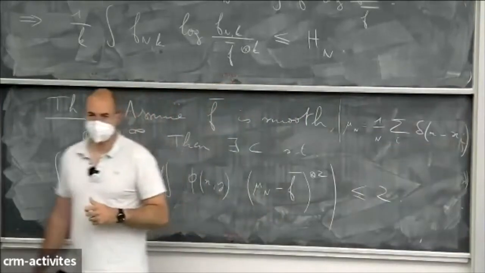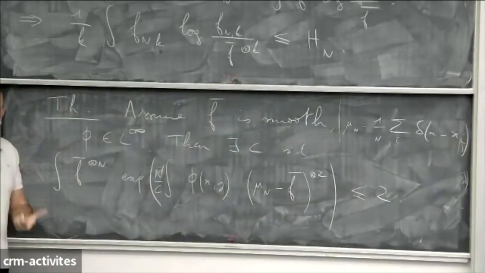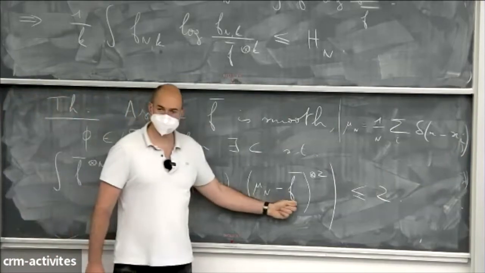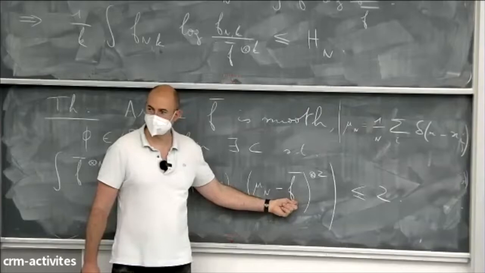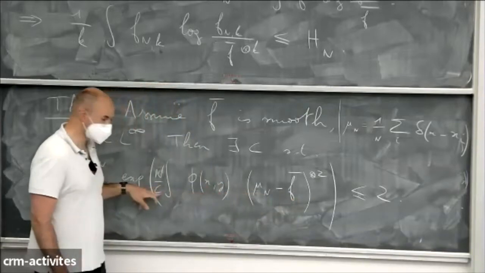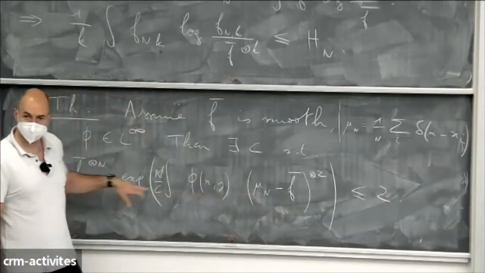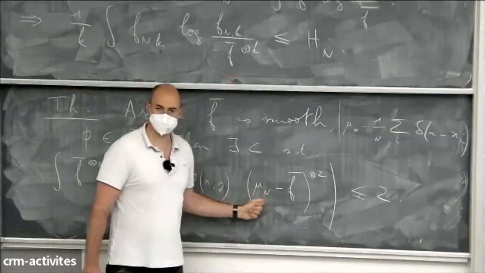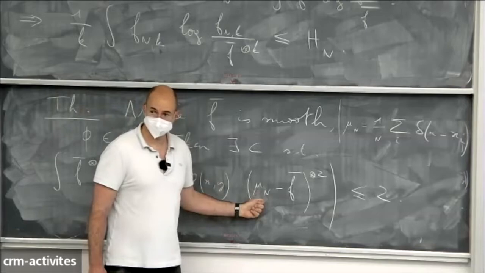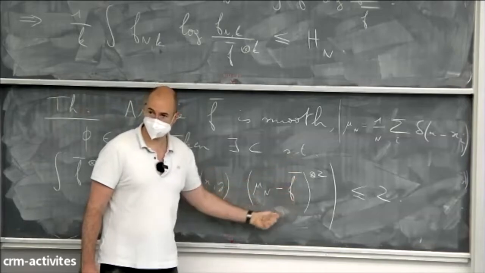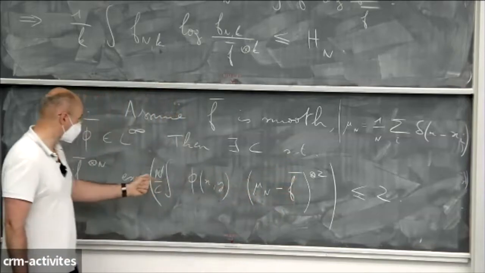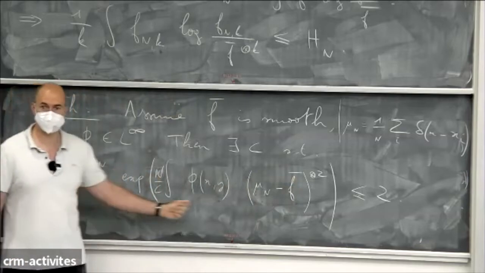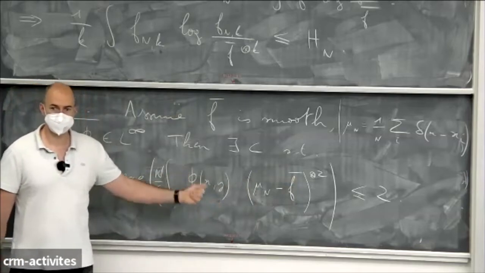So I have a random measure given by IID processes. I compare it with a limit, f bar, on an exponential scale against test functions. The logic is that this should be like 1 over square root of n. So if I square, this should be like 1 over n. And I multiply by an n factor, so this should be of order 1. And that's exactly what the theorem says.